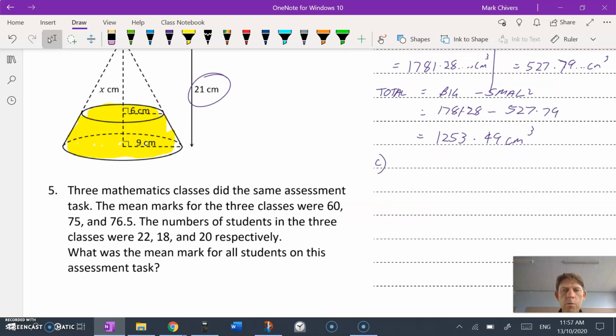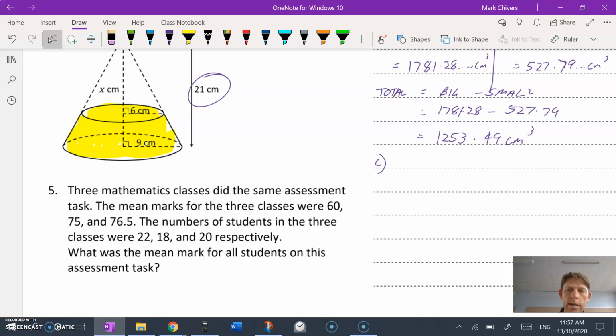So obviously when we convert from centimetres to metres, there's 100 centimetres in a metre, but when we convert from cubic centimetres to cubic metres, we've got to convert 3 times, once for each dimension. So there's 3 dimensions, we've got to do that conversion 3 times.